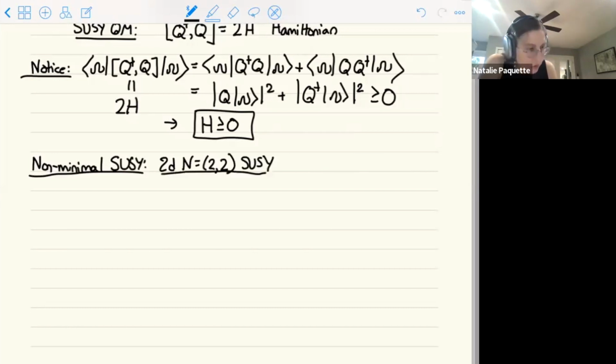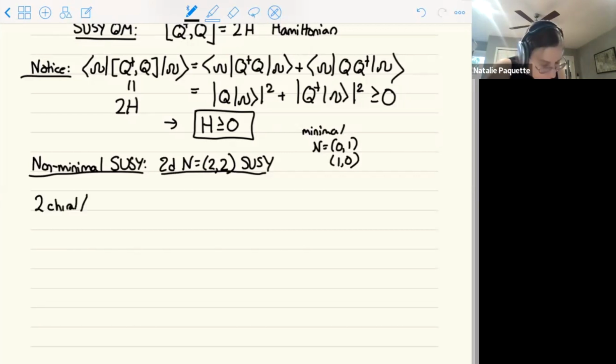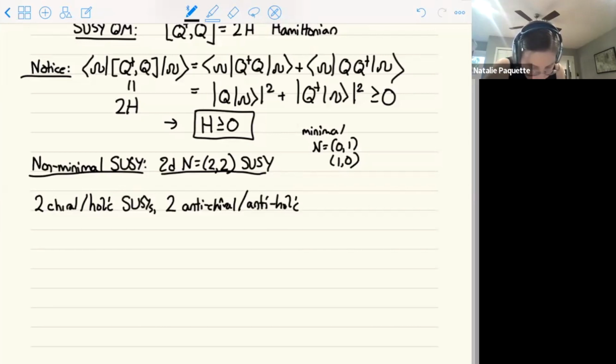The minimal supersymmetry algebra, by contrast, would just have one supercharge. So what's the notation? Well, the notation just means that I have 2 chiral, or in Euclidean signature, holomorphic supercharges, and 2 antichiral, or anti-holomorphic supercharges. So 2 each.